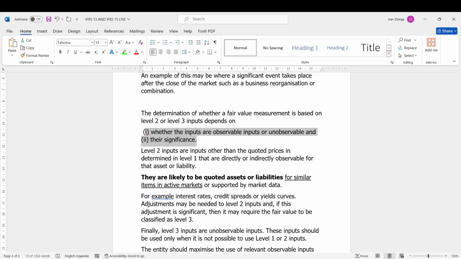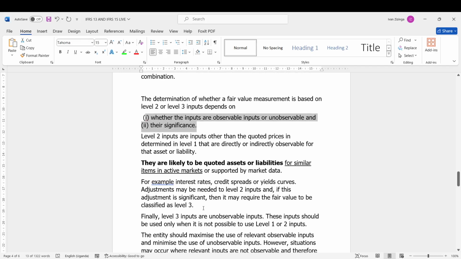You have a quoted price of a similar item, but for you to reach the price of your asset, you need to make significant adjustments on the price of that similar asset. Then that becomes a level 3. But if the adjustments are minor, then that is level 2. And now finally, for level 3, it is always unobservable inputs. We've only seen this condition of significant adjustment turning level 2 to level 3.